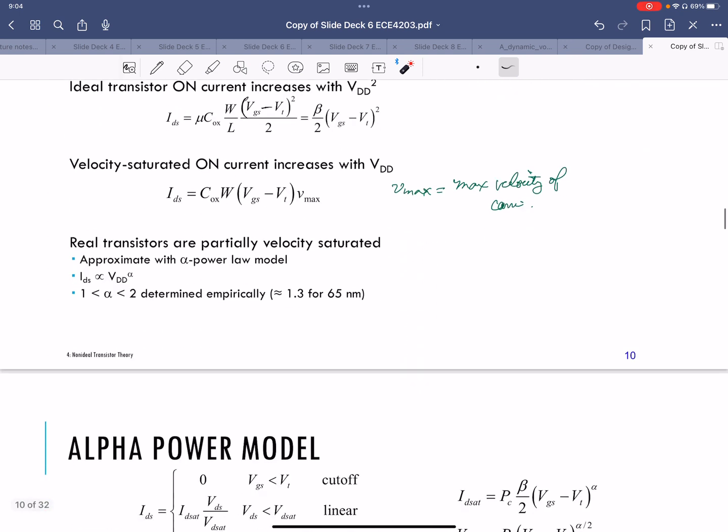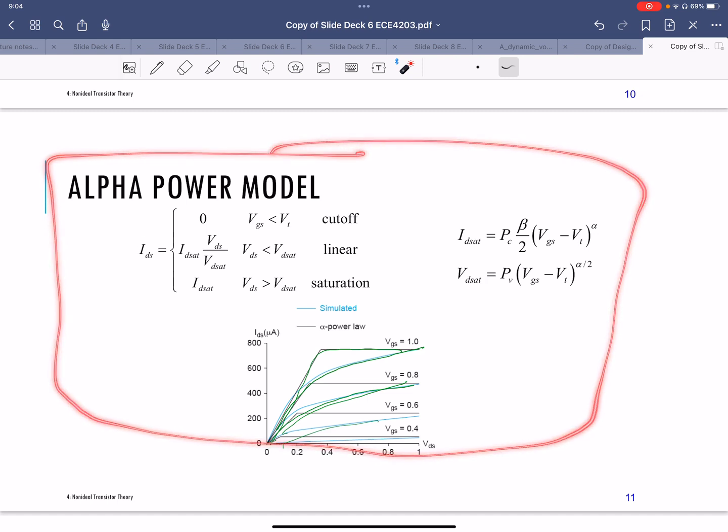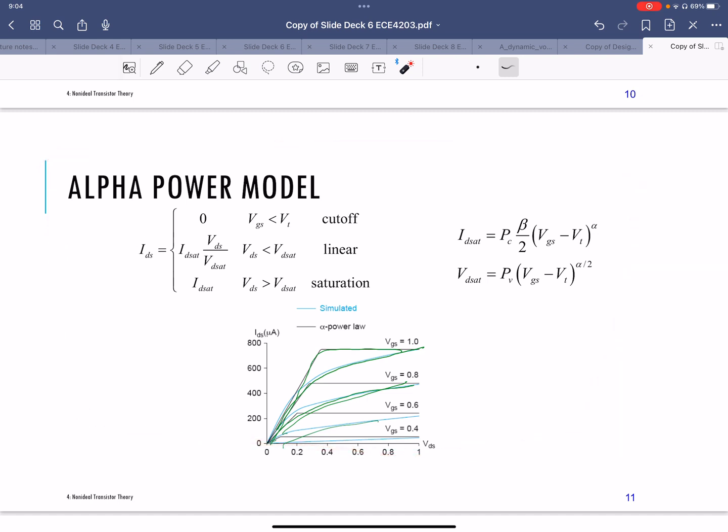So to do a hand calculation, people have come up with different models. One of those is the alpha power model, which is what the alpha power model paper is proposing as a simple model for doing hand calculations when you have this complicated velocity saturated situation.